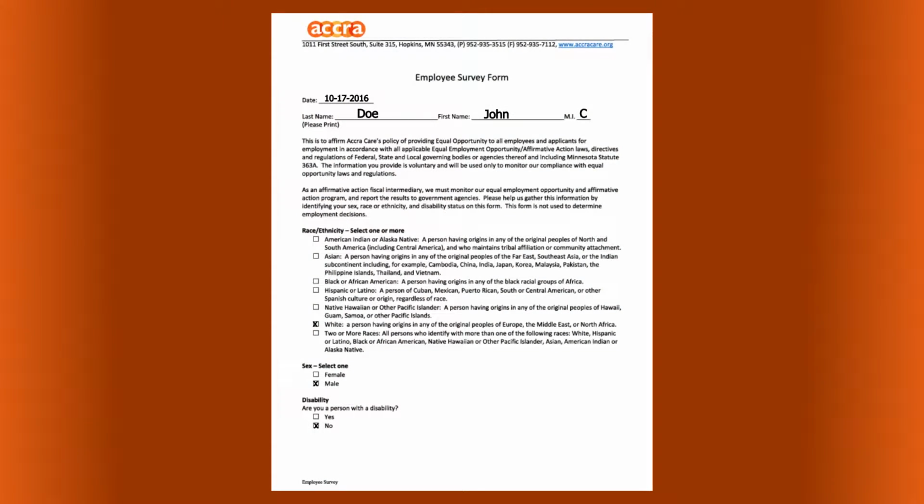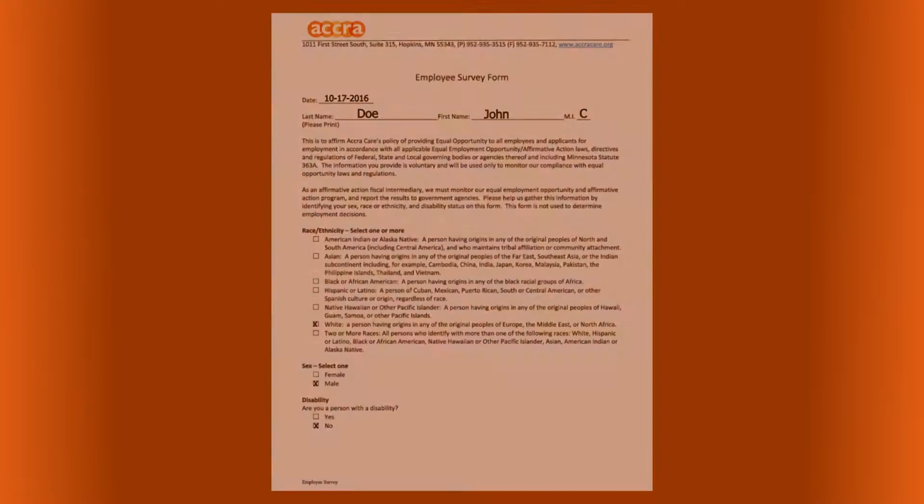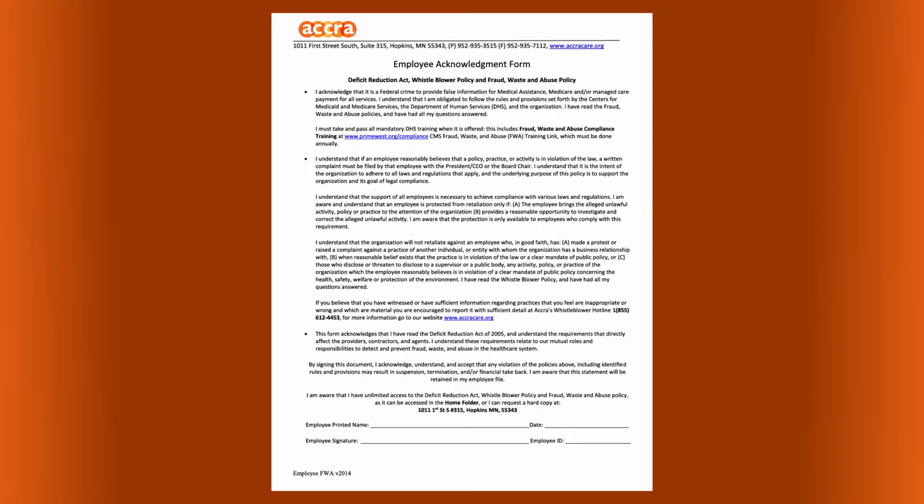The Employee Survey Form is a form used by the state to measure equal employment opportunity statutes. The information you provide is voluntary and will only be used to monitor our compliance with equal opportunity laws and regulations. Lastly, the Employee Acknowledgement Form. You will be asked to sign this form annually.